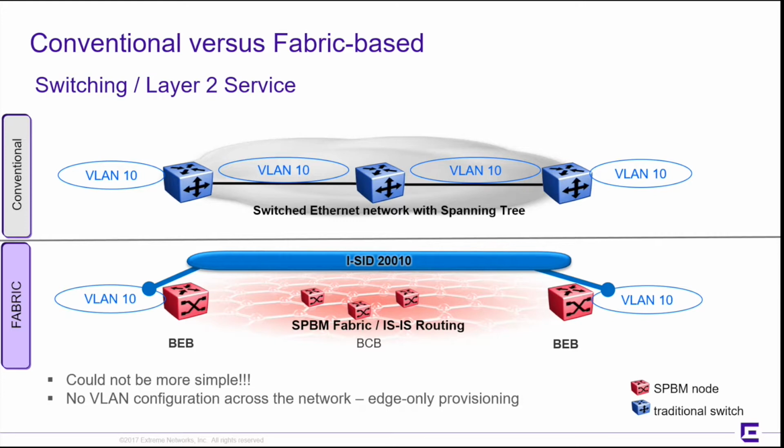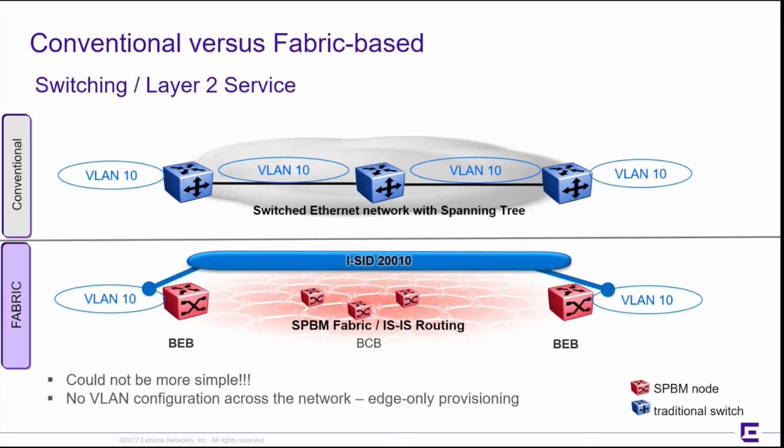You'll notice that we use 20,010. We mentioned last week that we have anywhere from 1 to 16 million I-SIDs that we can use. So no longer are we VLAN constrained. We can use VLANs over and over again because those VLANs become only locally significant at the BEBs where they're configured.